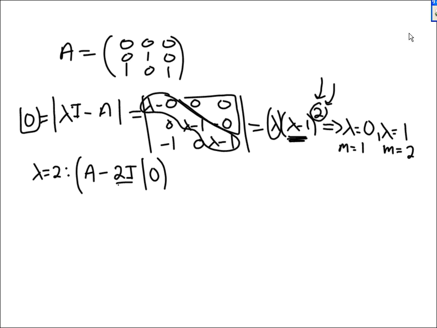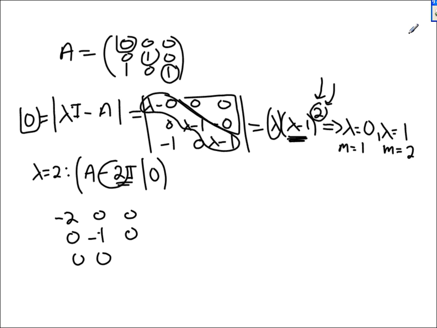That is, we take away 2 from all the diagonal entries. 0 minus 2, and then 0 and 0, 0, and 1 take away 2 is negative 1, and 0, and then 0, 0, minus 1, because 1 take away 2 is minus 1. Yes, I do have one typo. There's a 1 here.